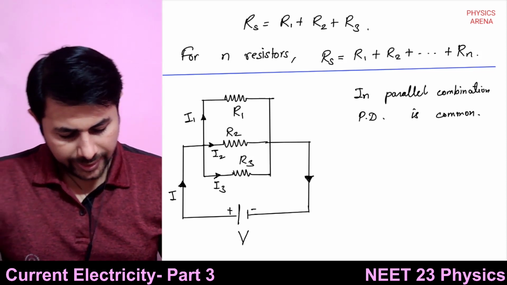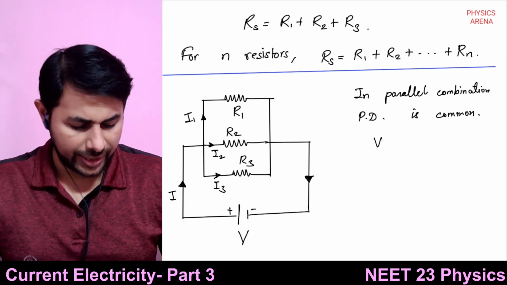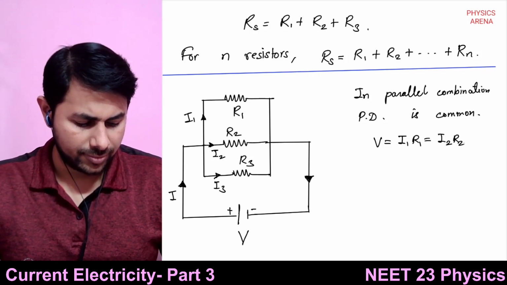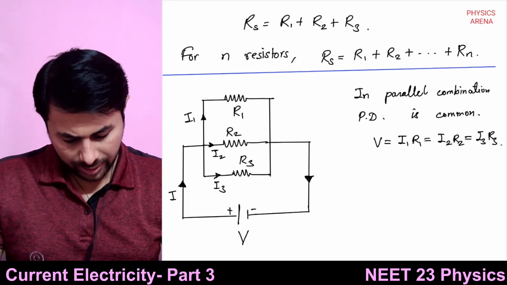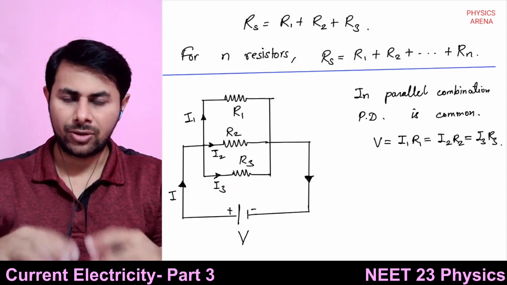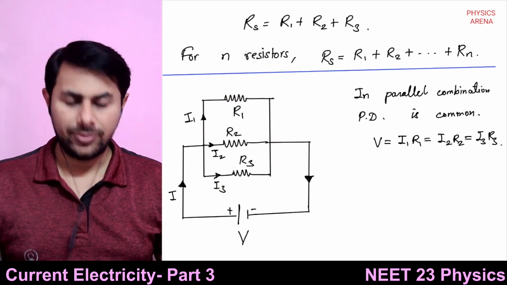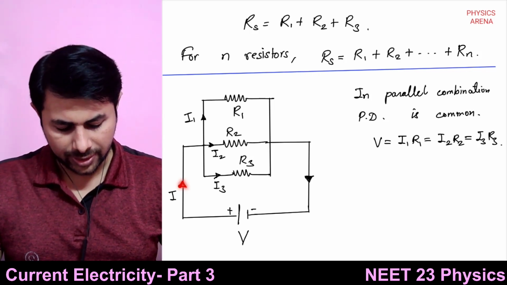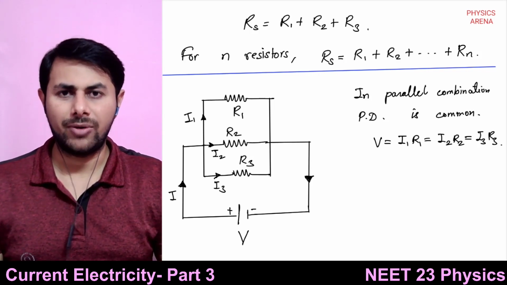So the current through the first resistor is suppose I1, so V can be written as I1 R1. It's equal to I2 R2 according to Ohm's law, and it is equal to I3 R3. If we combine these three resistors and say there is some equivalent resistance of this parallel combination, then the current through that equivalent resistance is the total current I multiplied by that equivalent resistance.